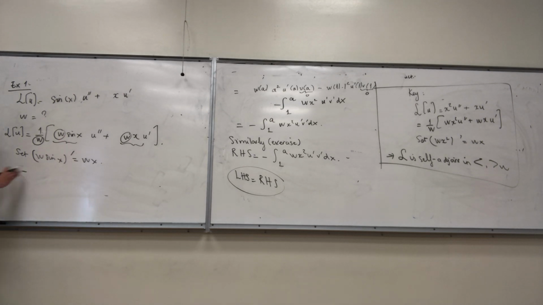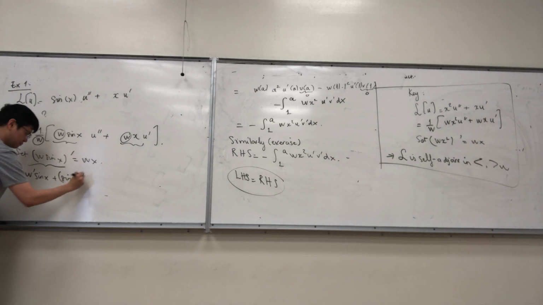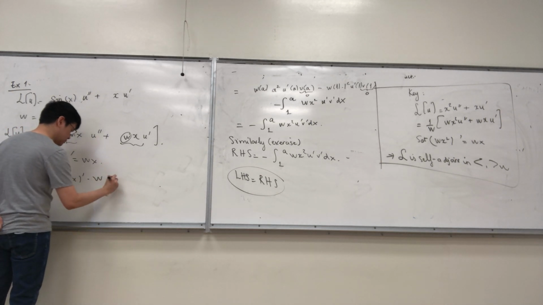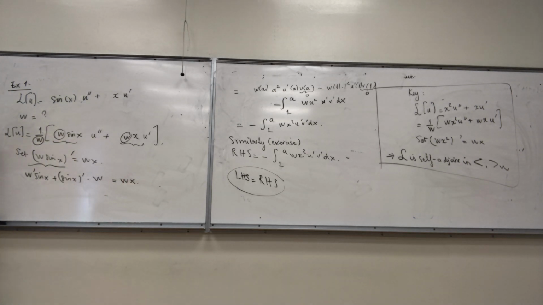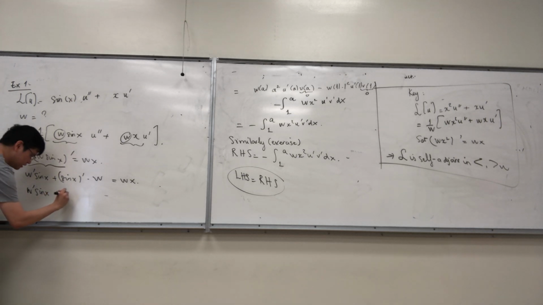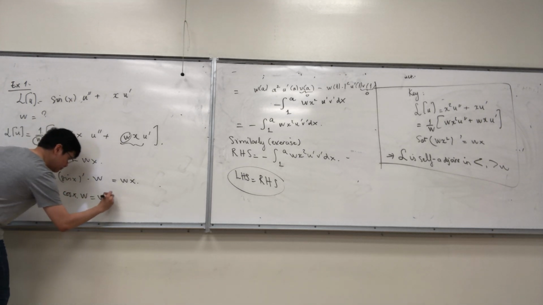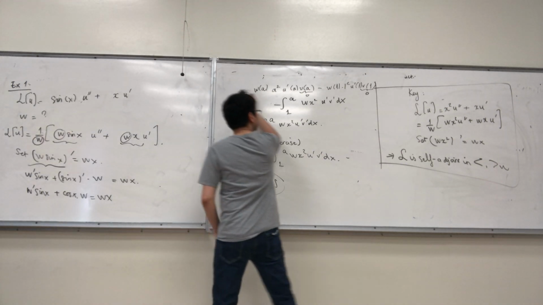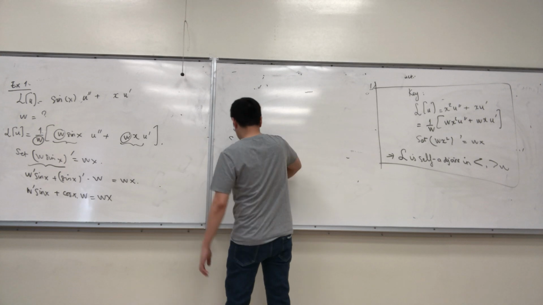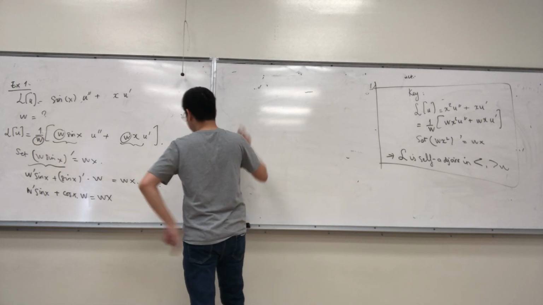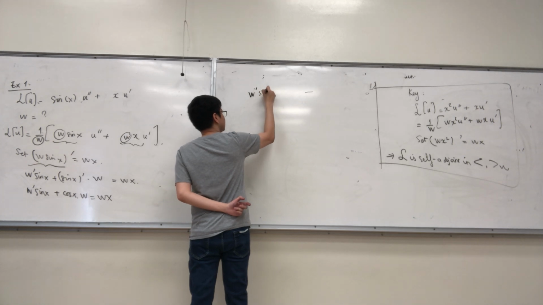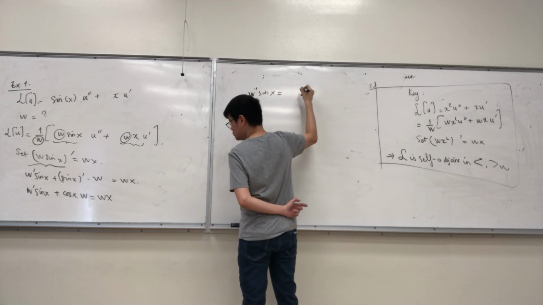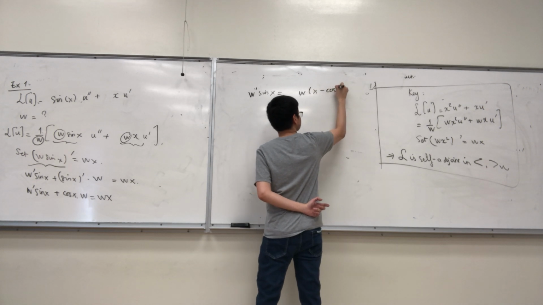So this one is w prime sinus of x plus sinus of x prime times w equal to wx. So you're going to have w prime sinus of x plus cosinus of x times w is wx. So I'm going to have w prime sinus of x equal to wx minus cosinus of x.